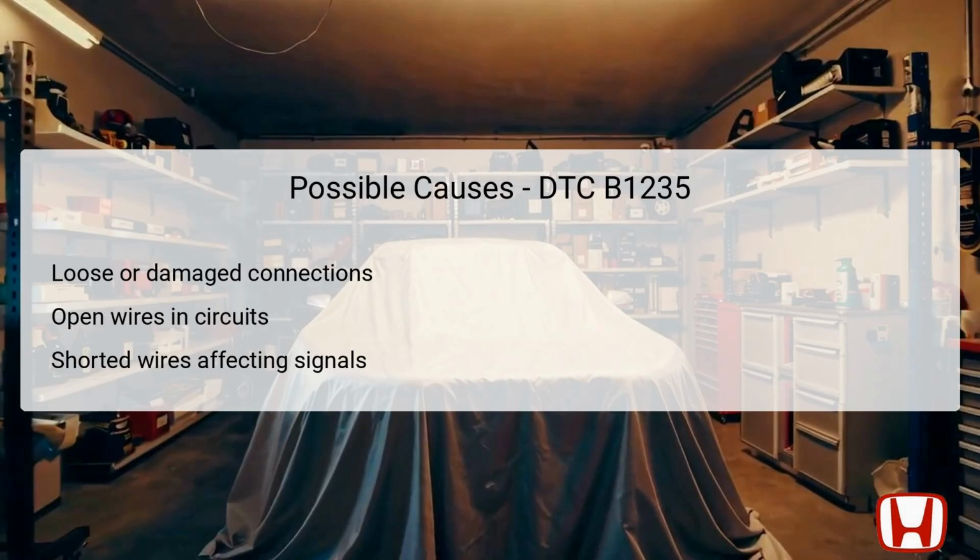Several issues may lead to the triggering of DTC B1235. One primary cause is loose or damaged connections that can disrupt the electrical flow between components. This could manifest as an intermittent signal loss that affects the air mix control motor's ability to operate correctly.